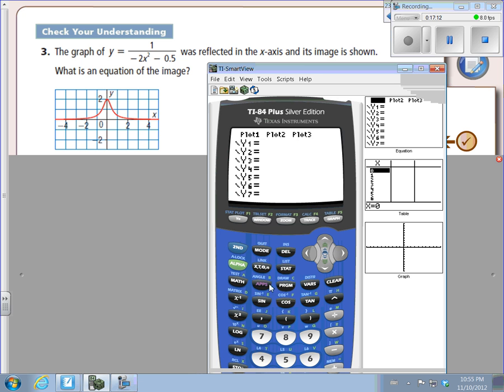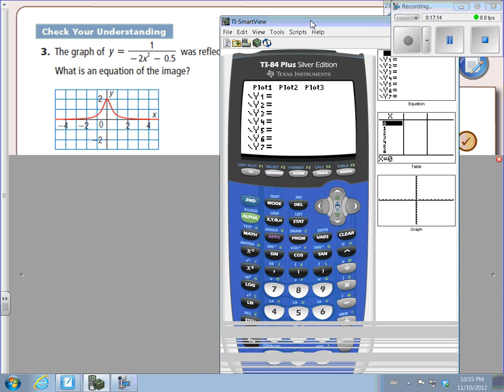So that is 1 divided by, in brackets, negative 2x squared minus a half. Make sure you put brackets around that. Let's just take a look.